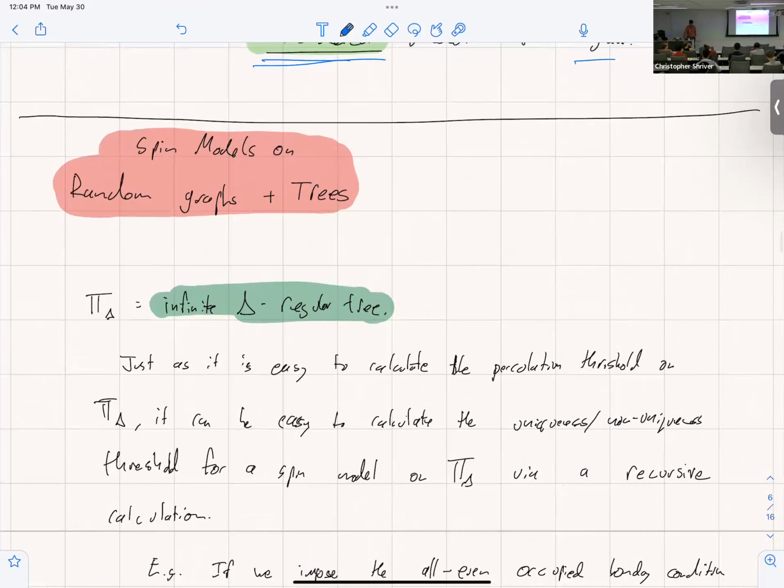So I guess Tom didn't say, but it's easy to understand the percolation threshold on T_delta. And just as it's easy to understand the percolation threshold on the infinite tree, you can also understand uniqueness, non-uniqueness thresholds for many spin models on the infinite tree just by doing a recursive calculation.